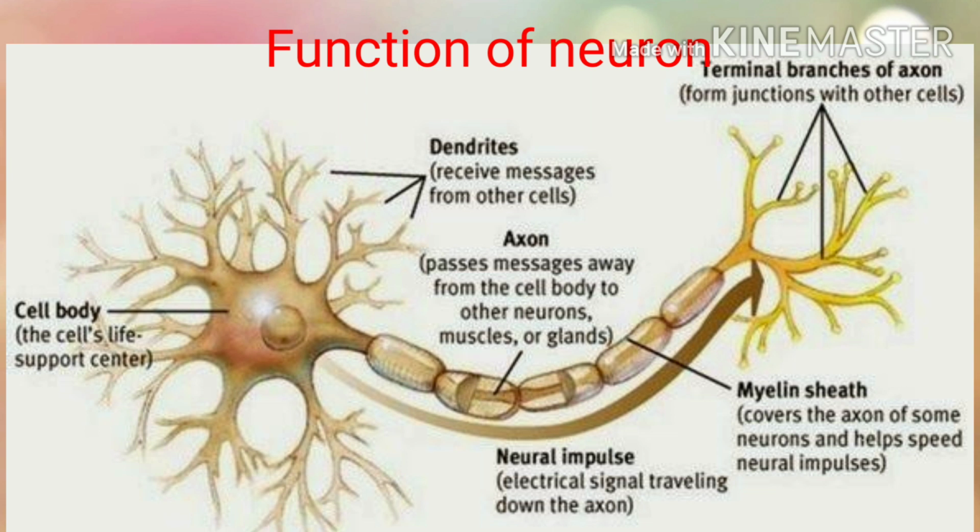The nerve impulses transmit through the dendron to the cell body. From the cell body, the neural impulses pass through the axon and reach the axon terminals, or the nerve endings.